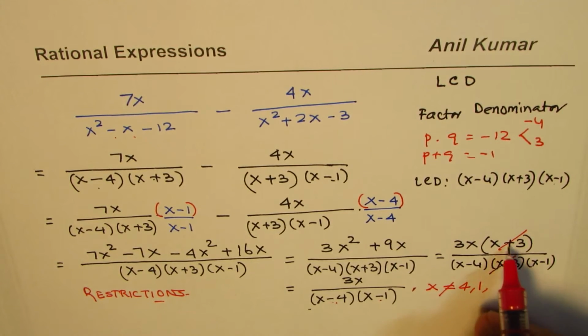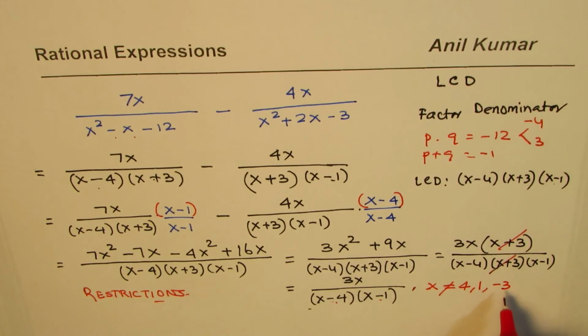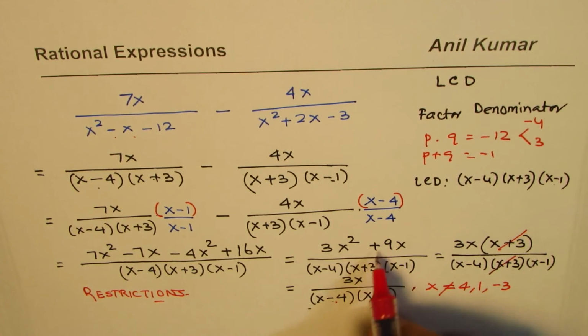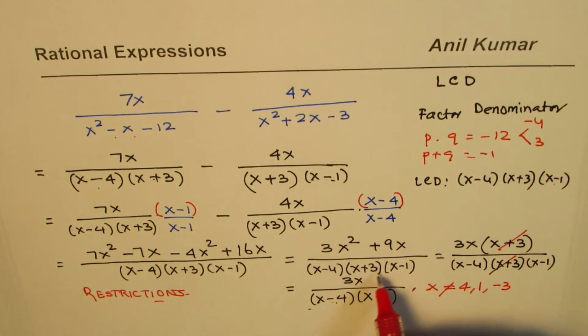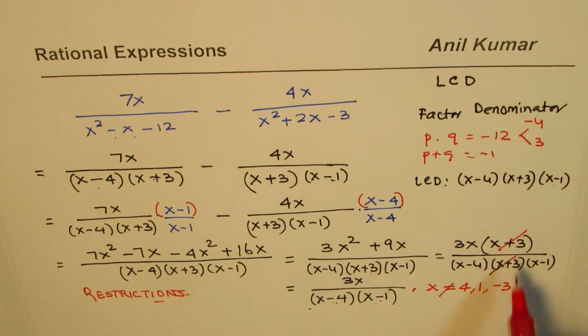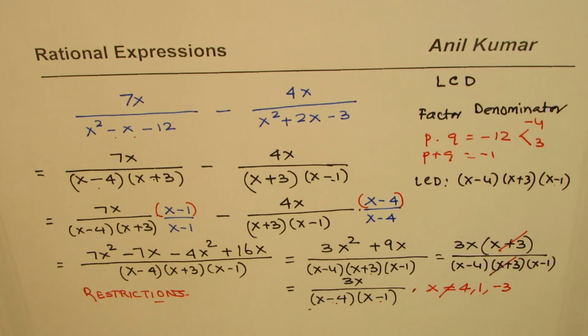Yes, we have. It cannot be minus 3 also, since that term will become infinite. So before cancelling, you should write the restrictions, or you should consider the whole rational expression before simplification to write the restrictions. So that is most important to understand.